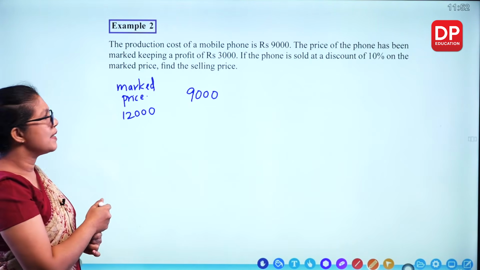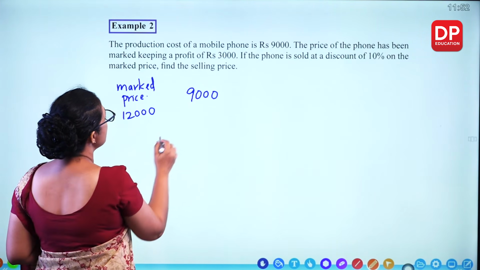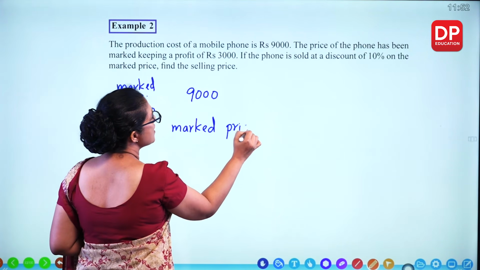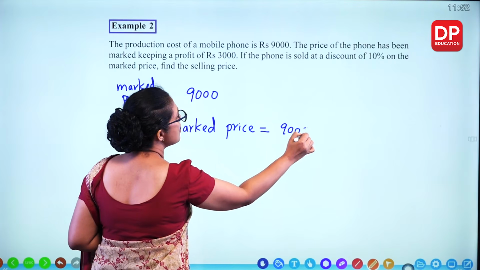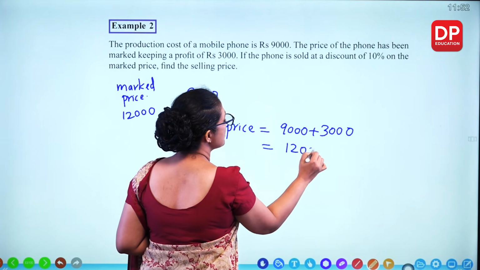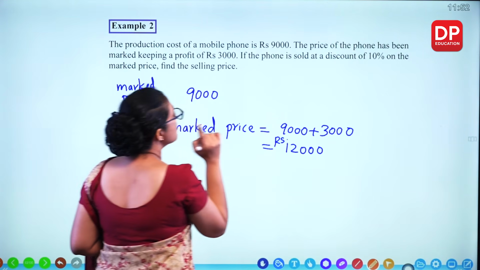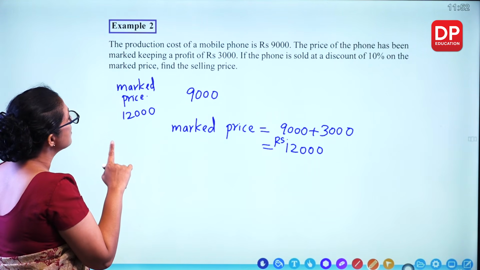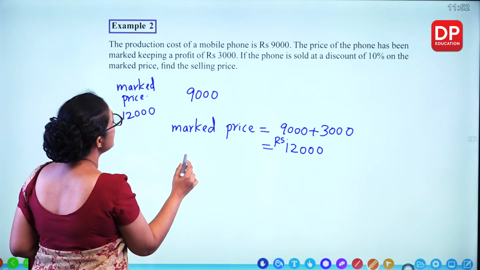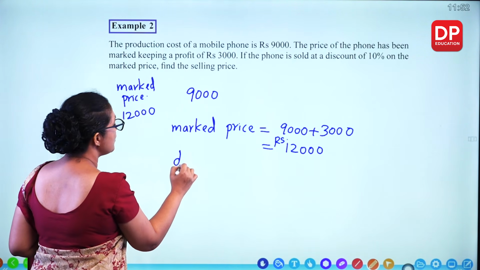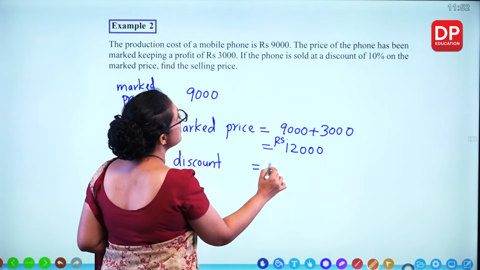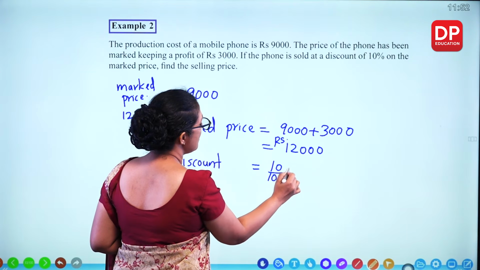So what's the selling price? So we will first find the marked price. Marked price is 9,000 plus 3,000. 12,000 rupees. So the discount is 10%. So what's the selling price? First we'll find out the discount amount. Discount value is 10% of the marked price.